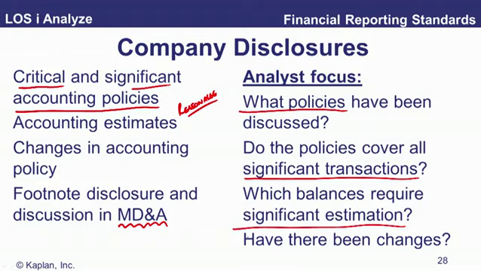We really need to be careful that it is reasonable and consistent. And have there been changes either to estimates or accounting policies? If we spot changes, why have there been changes? Do they better reflect economic substance, or could it be financial statement manipulation? And we've got a reading on financial statement manipulation later on.